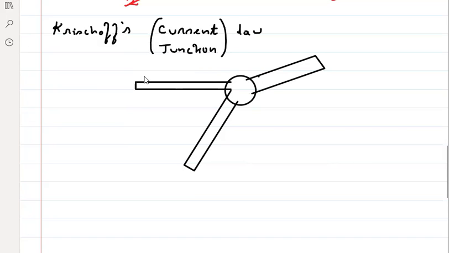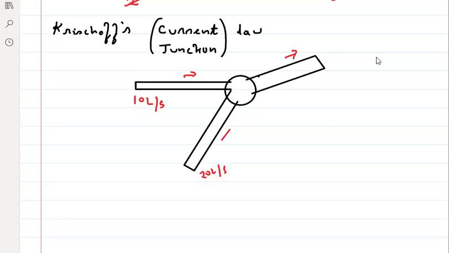Suppose we have 10 liter per second coming from this pipe, and 20 liter per second coming from this pipe. From this pipe, how much water should be coming out? Tell me.